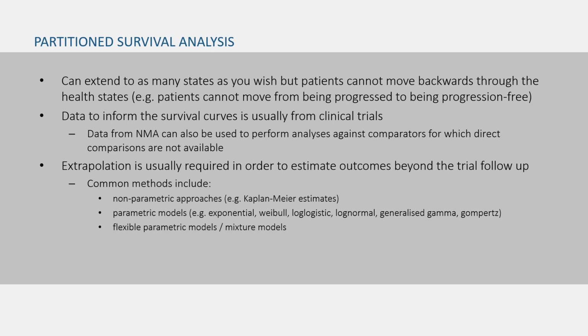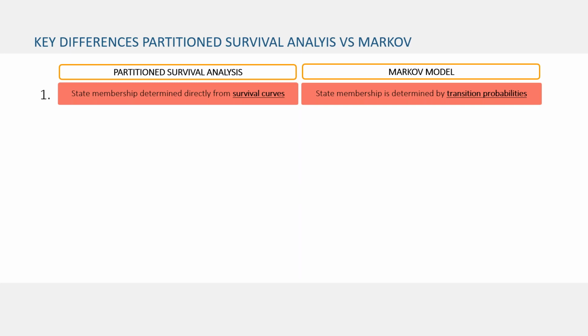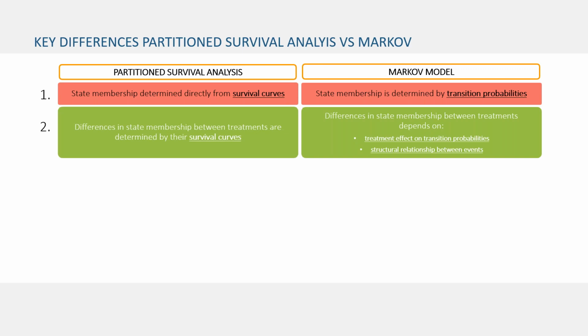So what are the key differences between a partition survival model and a Markov model then? Firstly, as we've already mentioned, the state membership is derived from survival curves, whereas in a Markov model they're determined by transition probability. Secondly, the differences in state membership between treatments are determined by their survival curves.